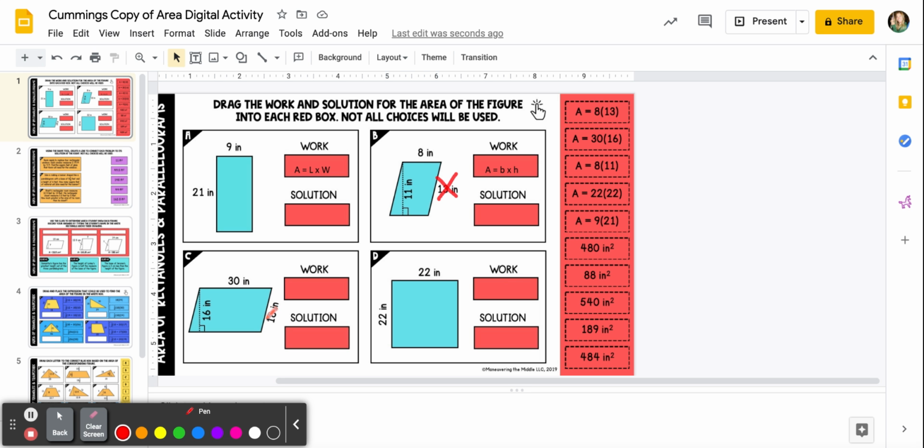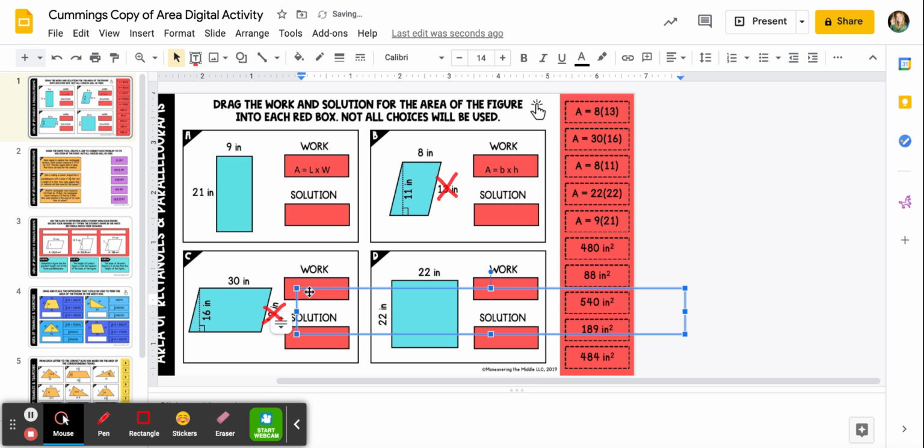The next one, it's the same thing. Do not get fooled by the 18. The work that needs to be shown is, again, A equals base times height.